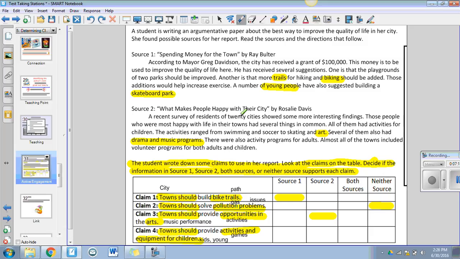Now I'm going to go to source 2, looking for the word kid, children. Okay, here's the word children. I see some things that they could do. Also, I see the word children again. So claim 4 is represented in both sources, so I would mark that box on the graph.